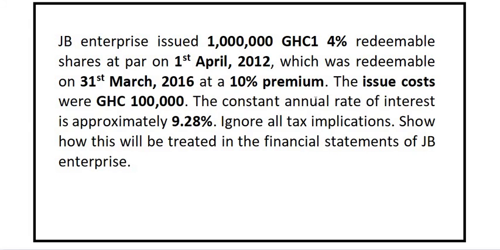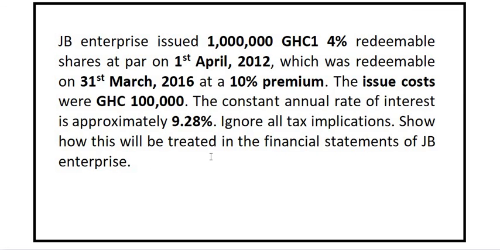The constant annual rate of interest is approximately 9.28%. This is the effective rate of interest, the rate that shows how the financial liability is going to grow over the period. We are to ignore all tax implications, so this transaction is not subject to any tax.